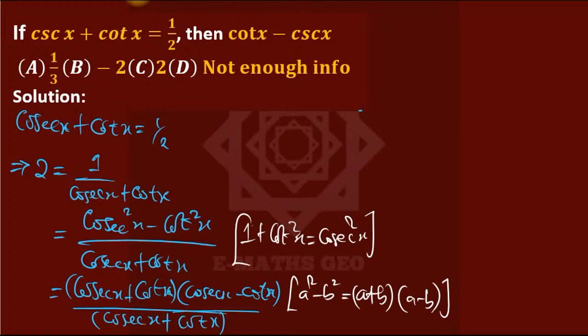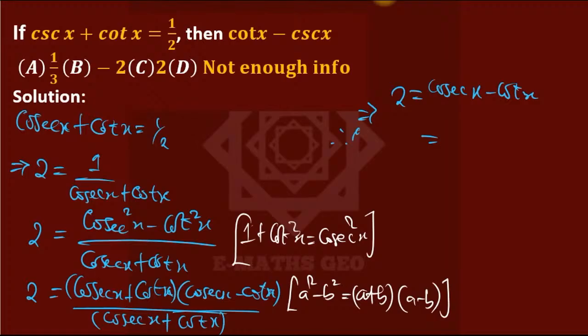Let's finish it together. Remember this 2. So we now have 2 is equal to, the common term cancels, so we are left with cosec x minus cot x. We're asked to find cot x minus cosec x, so the other way around.